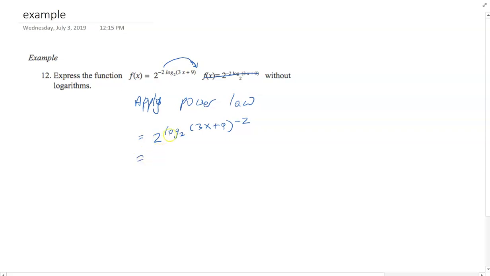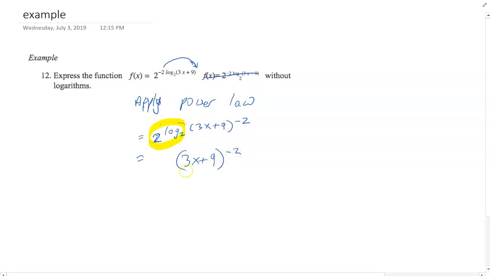Then knowing a property of log that says if you have an exponential function raised to the log of the same base, they are inverses of each other, then they will undo each other. So this 2 raised to the log base 2 will undo each other. So what we are left with is 3x plus 9 to the negative 2.